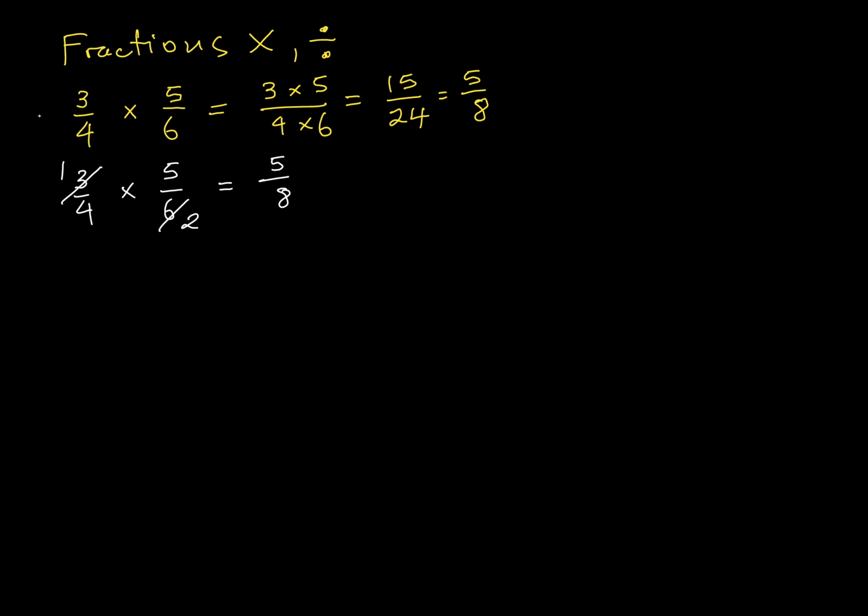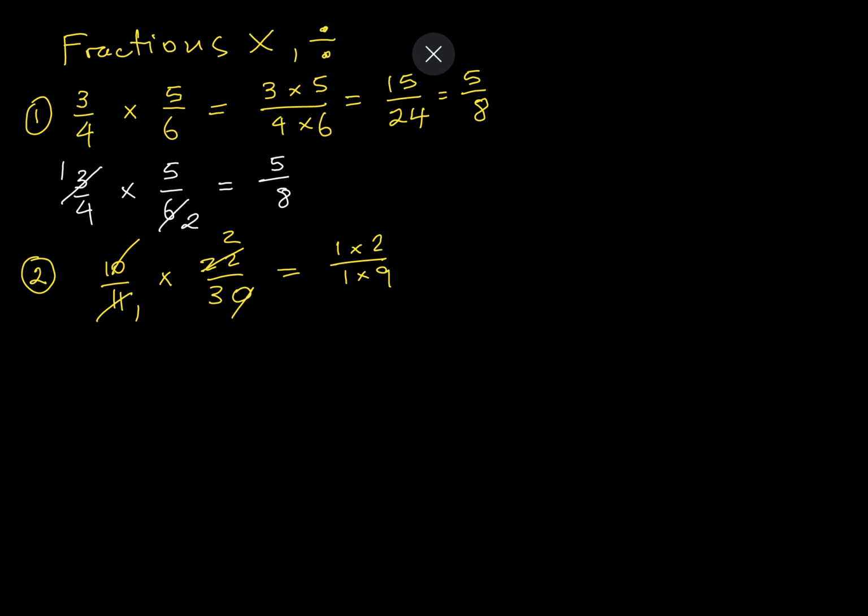Let's do another one. So that was number 1. Number 2, 10 over 11 multiplied by 22 over 30. Let's do the cancelling trick on this one. There's a 10 and a 30, or you could just cancel that 0, that goes off. 11 into 11 goes once, 11 into 22 goes twice, so that's 1 times 2 over 1 times 9. 9?